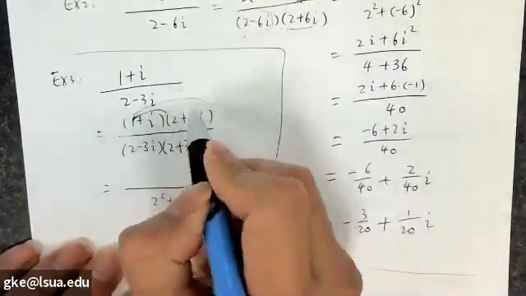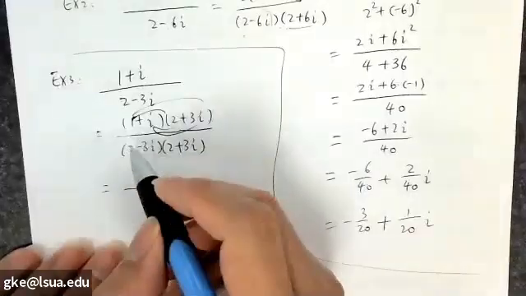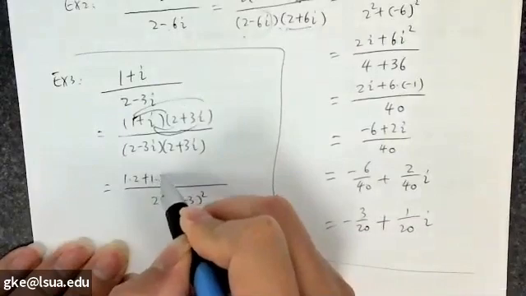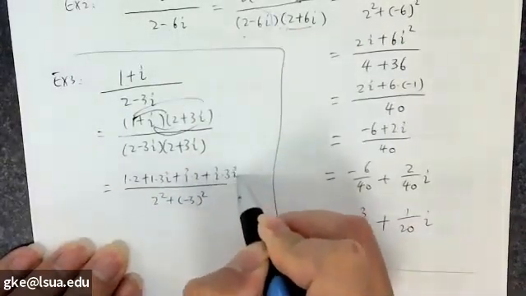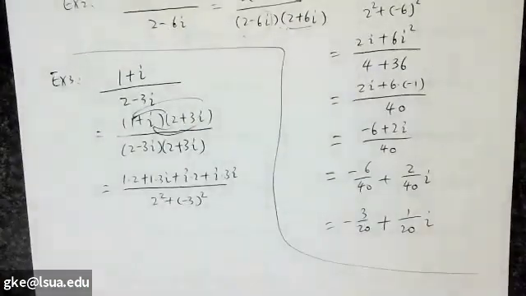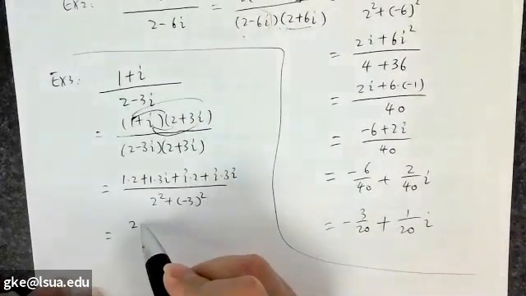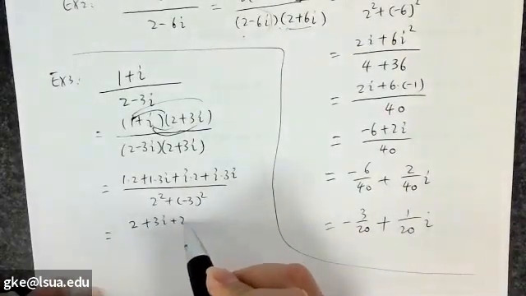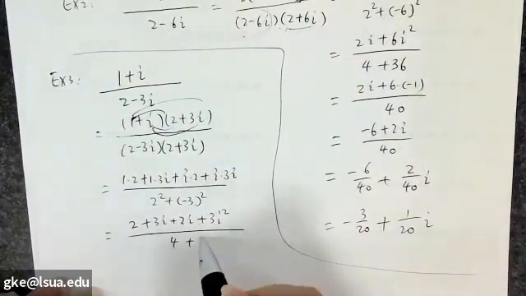And the distribution for the numerator: 1 times 2, 1 times 3i, i times 2, i times 3i. So it should be 2 plus 3i, 2i, 3i squared, over 4 plus 9.